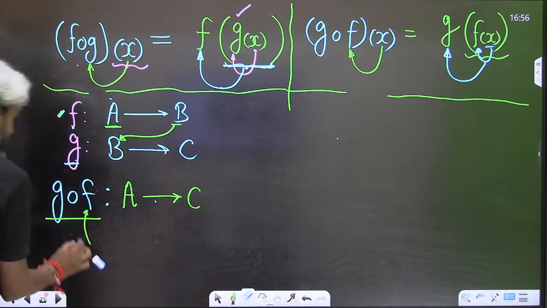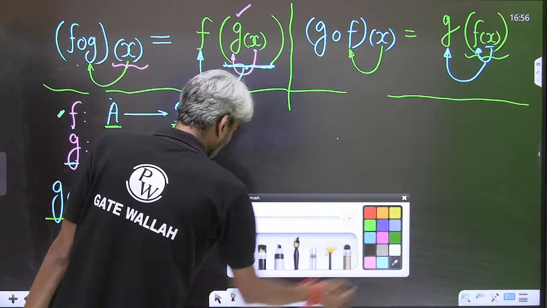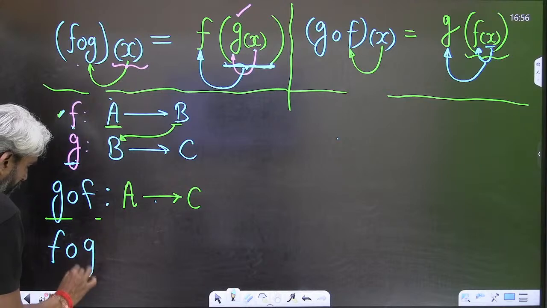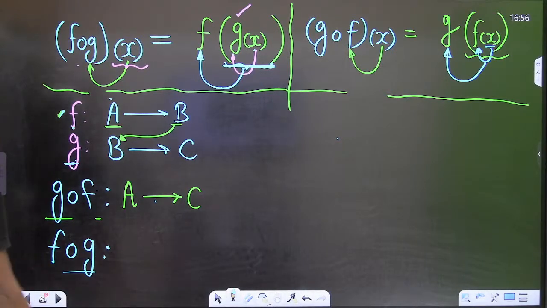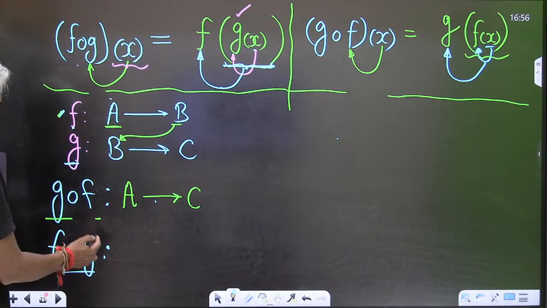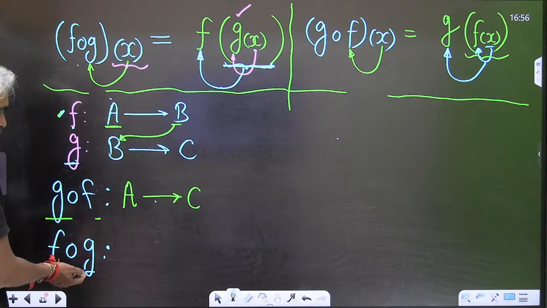Now my question, which is the bottom line of this whole discussion, is: what will happen to the function f of g? Is it necessary for the function f of g to be defined? Understand that f of g can only take the values for which function g is defined.